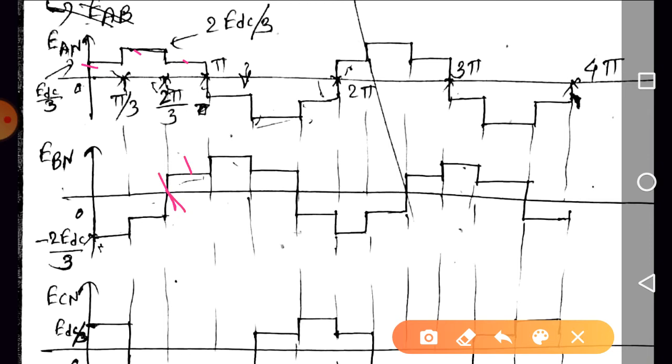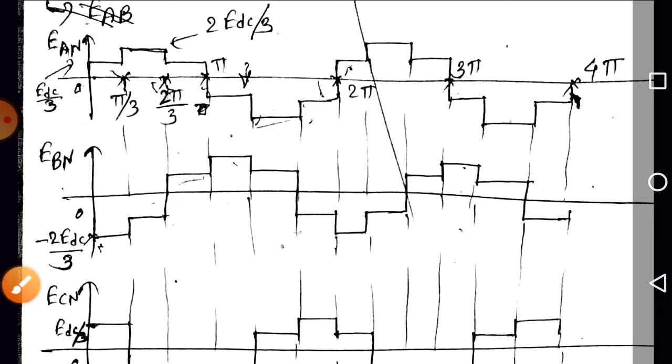So can we say that VBN is lagging VAN by 2 intervals? After 2 intervals we are having the same waveform for VBN as that of VAN, okay?